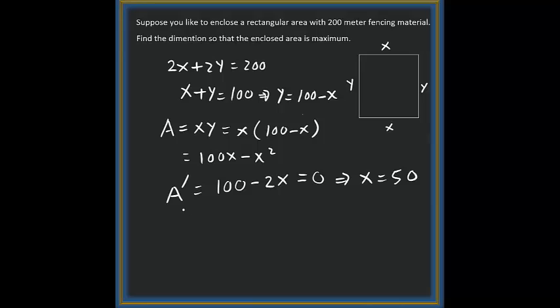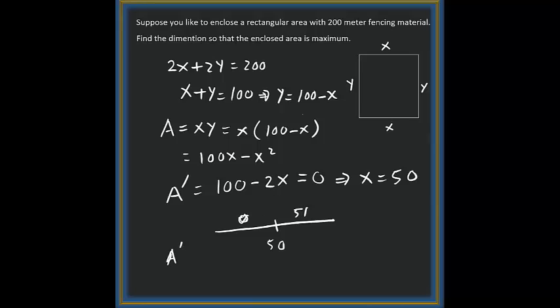Now you can check the sign of the first derivative. On this line you put 50 in here, take some test points, say on this side 0, and on that side 51. Now we'll check the sign of A prime.